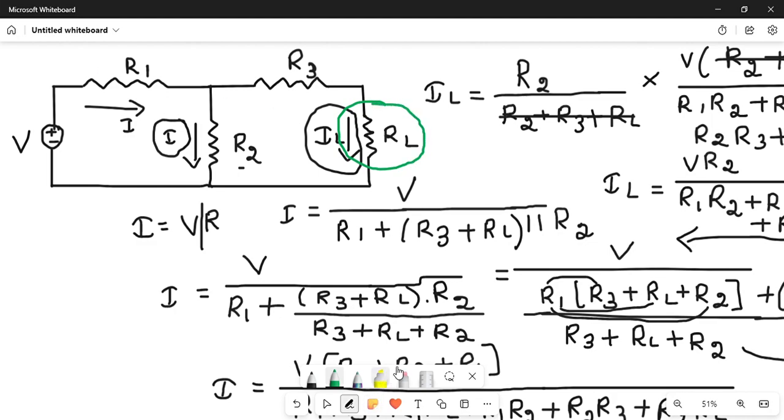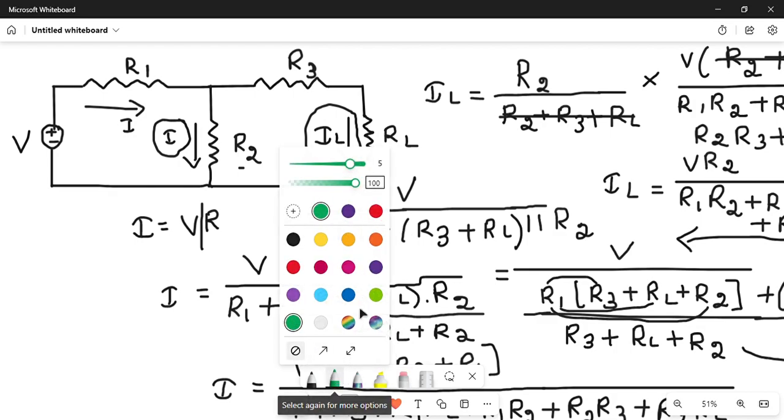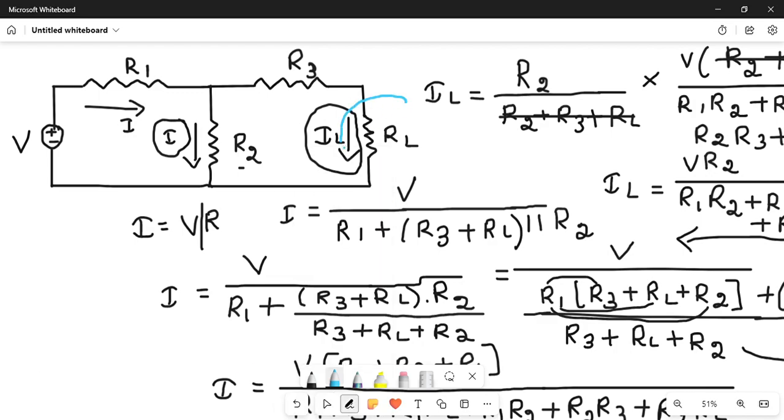Just let me take another color. I will use this one. Okay, so here it is RL. This is the load resistance we have, and if you have a load resistance, what are you supposed to do in the case of Thevenin's theorem?